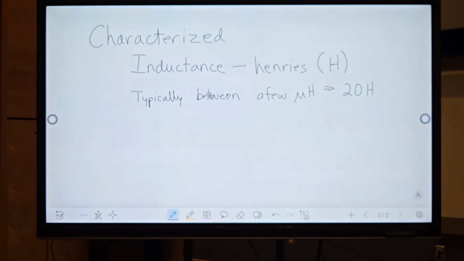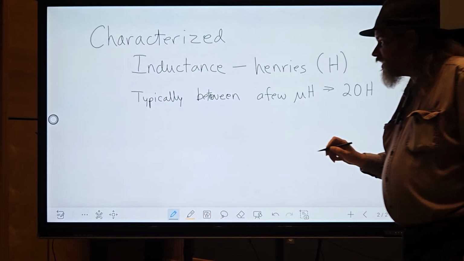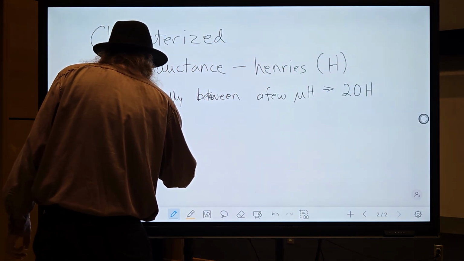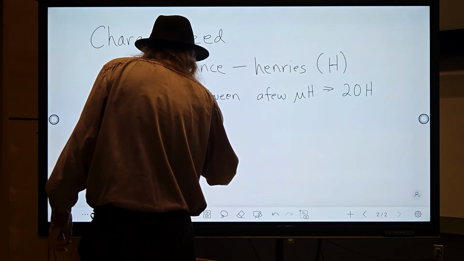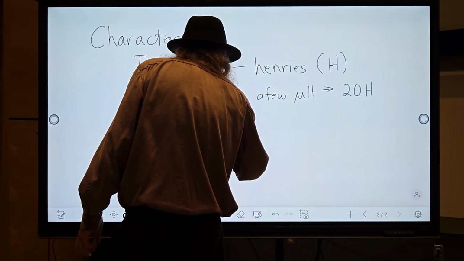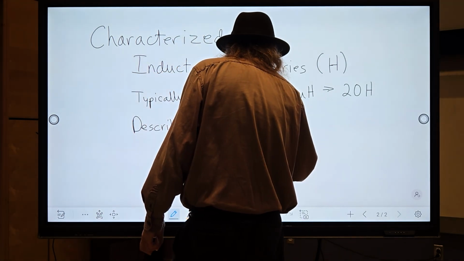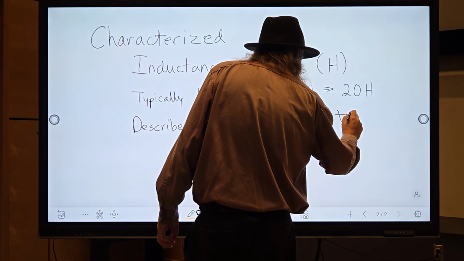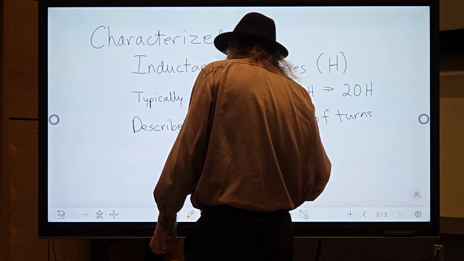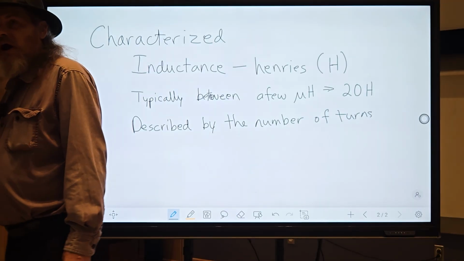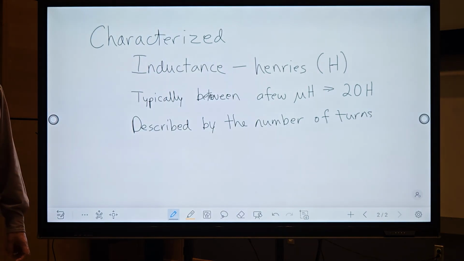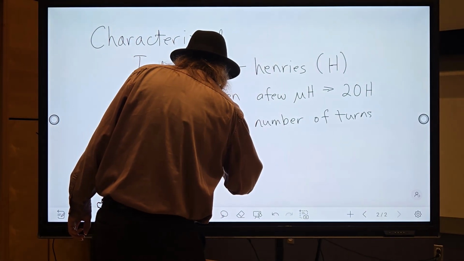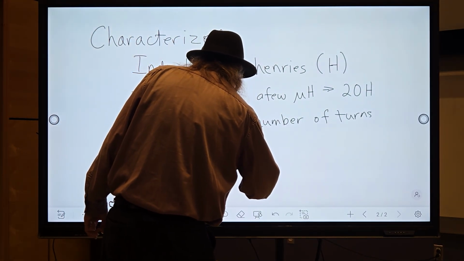And they're also described by the number of turns. That is how many times the coil goes around. And they're also described by what is in the core.